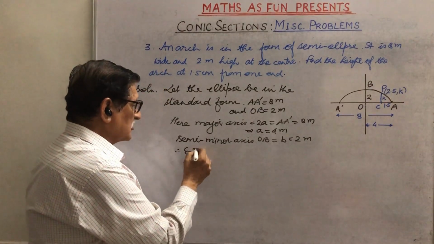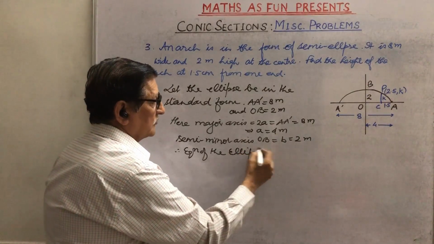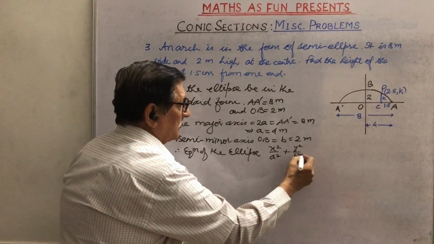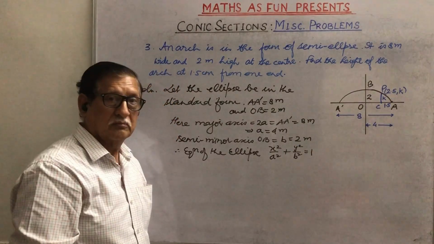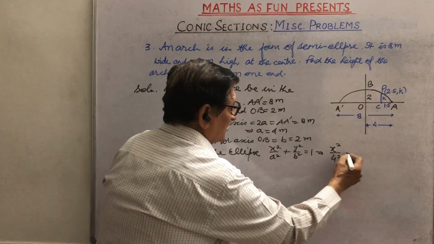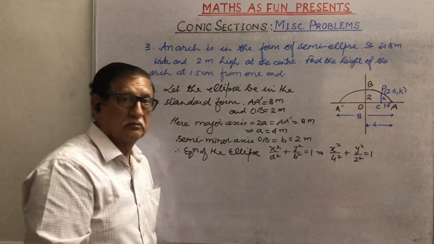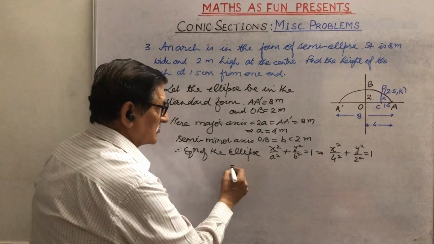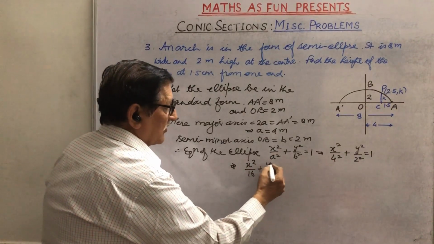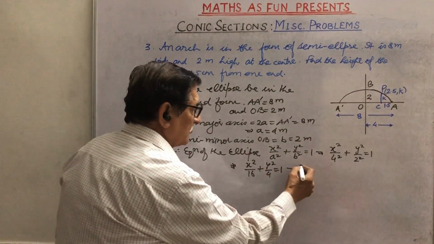Therefore, equation of the ellipse, that is x square upon a square plus y square upon b square is equal to 1. Can we say it will be x square upon 4 square plus y square upon 2 square is equal to 1? Or it is x square upon 16 plus y square upon 4 is equal to 1. This we can name as 1.